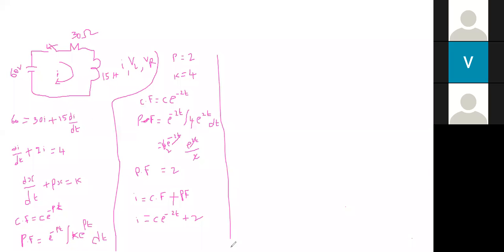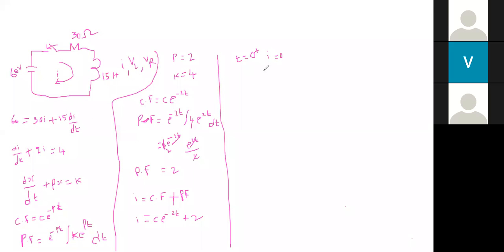After getting the solution of the current, our aim is to calculate the C value. For that, I have to substitute the initial conditions. When the switch is closed at t equal to 0 plus, I equal to 0. Initially, the switch is open, so the starting current is 0.